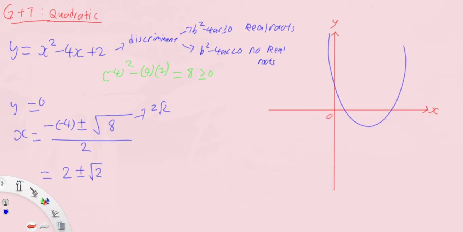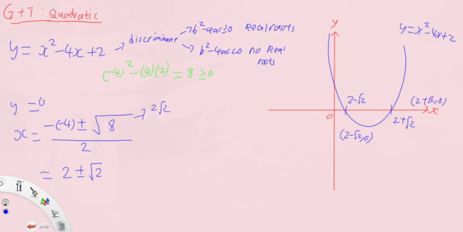Okay, here we go. Looks slightly better. Alright, so this is our graph, y equals x squared minus 4x plus 2. The roots are, of course, 2 plus root 2, which will be bigger than 2 minus root 2.